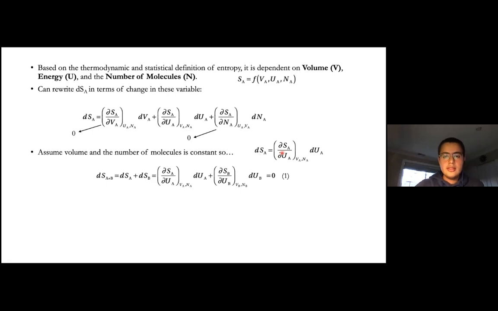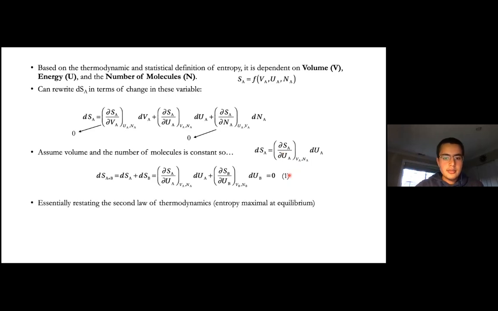And then, as we talked about last week, entropy is additive. So if we have systems A and B on both sides of the thermal equilibrium, the total change in entropy is simply the change in entropy of A plus the change in entropy of B. So this is our first equation.